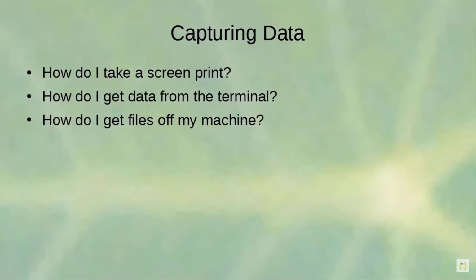How do you get data from a terminal? Well, it depends on how you're connected. If you're connected to your virtual machine through your virtual machine's window, maybe you can't. Maybe you can. Maybe you just select it and copy it. Sometimes it copies out, sometimes it doesn't.